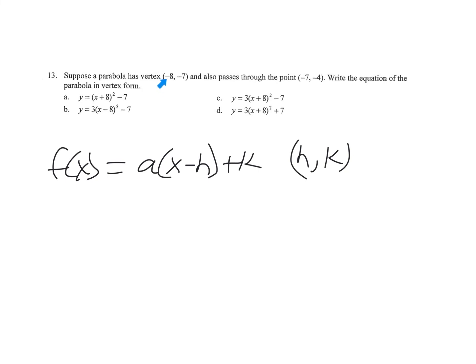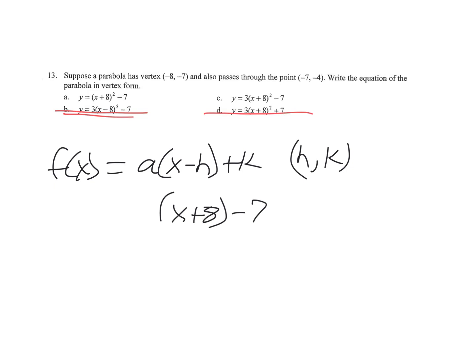So if we have a -8 and a 7, in parentheses we're looking for x plus 8, because plus 8 is the opposite of -8, and then we're looking for a -7 on the end here. You will see that it's possible for it to be A, B, or C, but B and D are out because they do not follow the vertex form correctly based on the vertex that was given. So B is out and D is out.